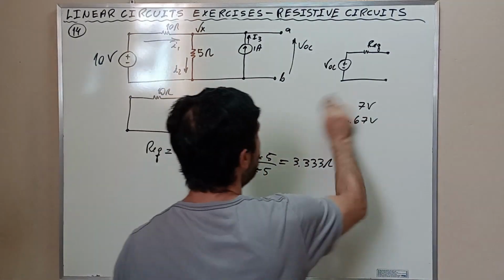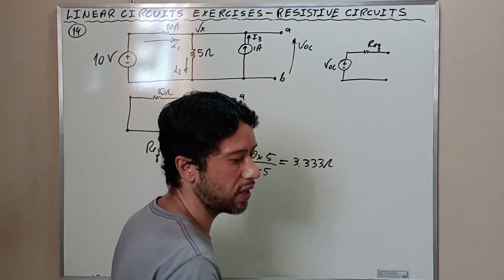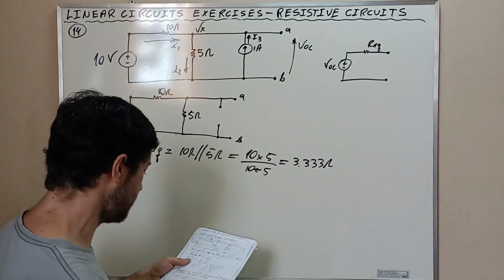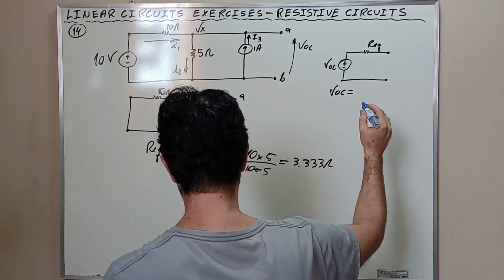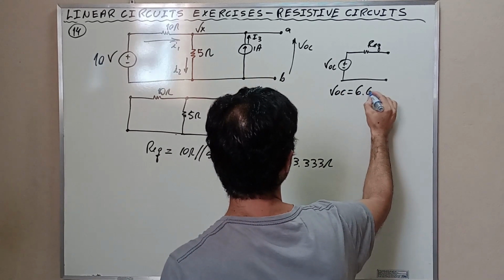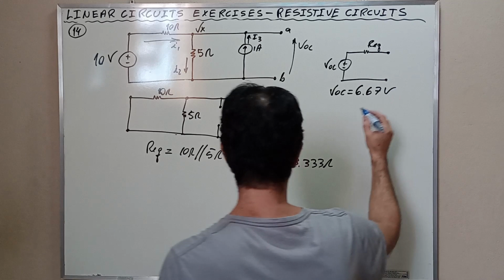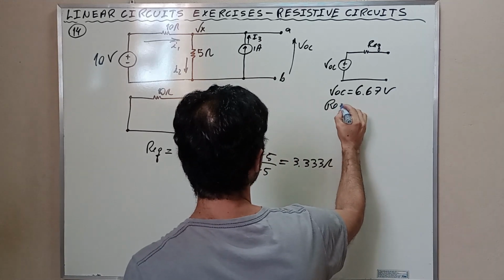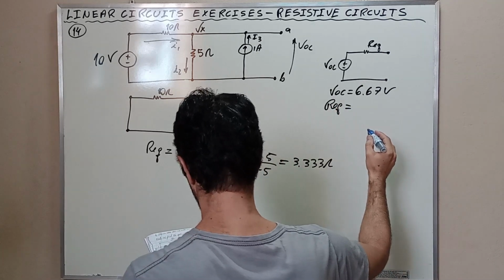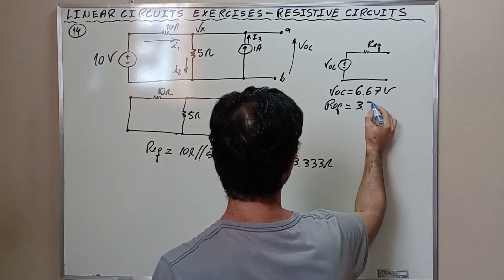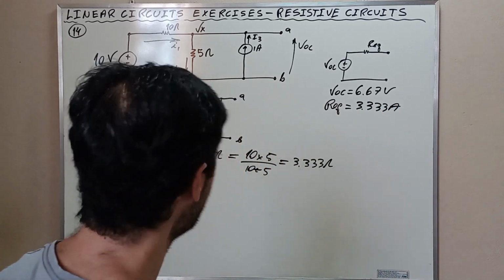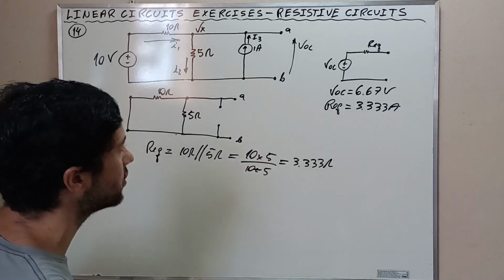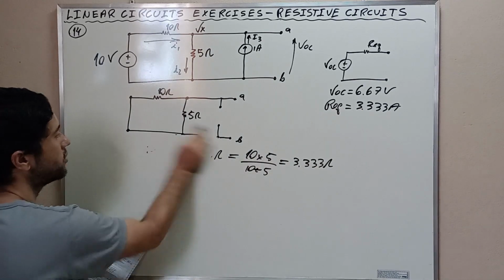So we have here already our Thevenin's equivalent circuit, VOC. VOC we calculated and found to be 6.67 volts, and the equivalent resistance we found to be 3.333 ohms. Alright, my friends, we have already our Thevenin's equivalent circuit.